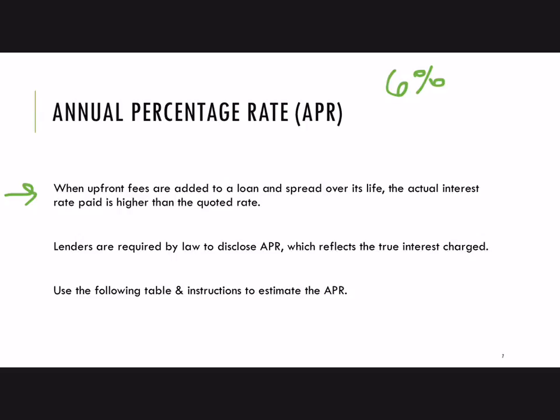So it may say it's a 6% loan, but then you may have some other fees that get wrapped into all of those monthly payments that you make to pay off the loan. So since the rate paid is higher than the quoted rate, maybe you're not actually paying 6%, maybe it's closer to 7%, then lenders are required by law to disclose the APR, which reflects the true interest charged.